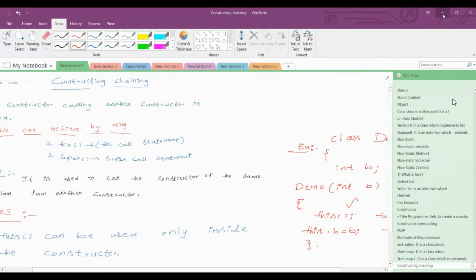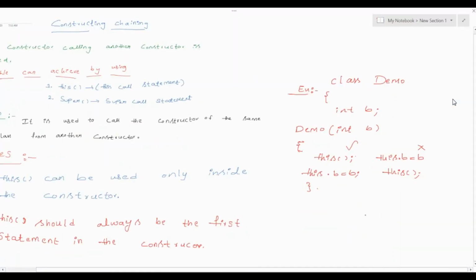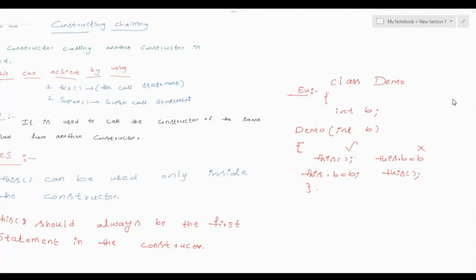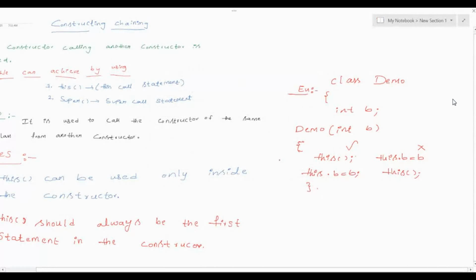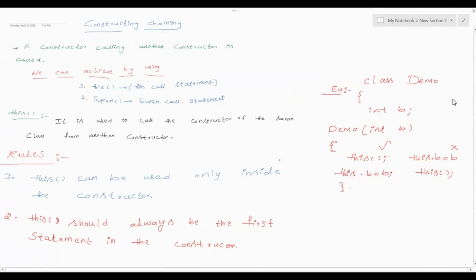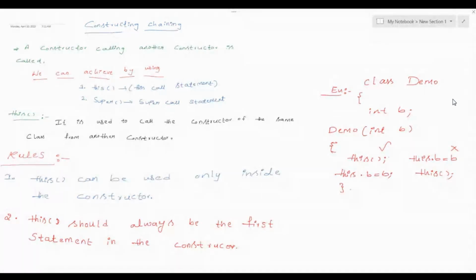So why we should go with the constructor chaining? Last class we did one program, right? Constructor overloading. Take down if you're not done. Take down if you're done, tell me.